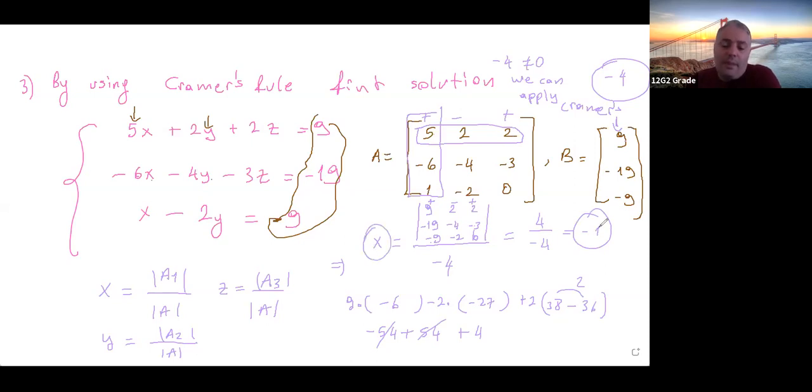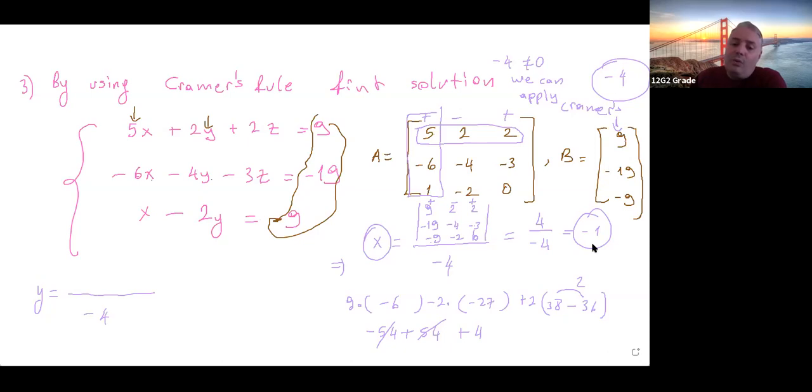X is -1. Similarly, what will y be? Let me clean here. Y is equal to, first of all, the denominator is delta, the determinant -4. Now for A2, take these members and put them instead of the second column.